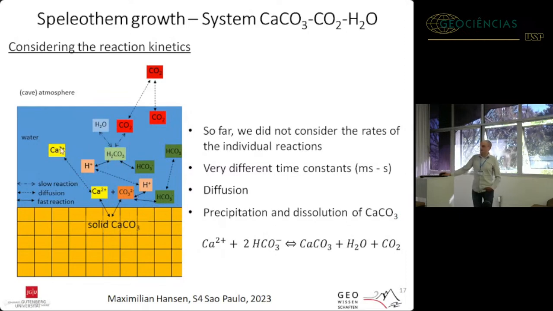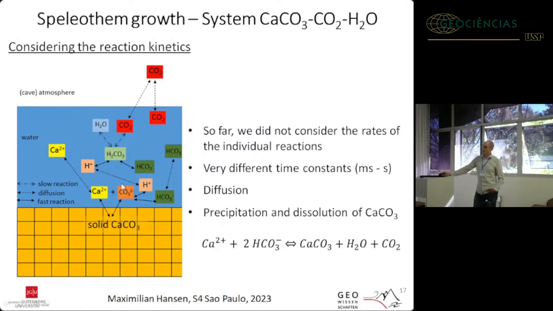Yeah, and in principle, you can see here what happens during precipitation and dissolution of calcium carbonate. For the precipitation, you would have this reaction. So one calcium ion would consume 2 bicarbonate ions, forming calcium carbonate on the surface of the stalagmite, for example, and as a result there is 1 water formed and 1 CO2.